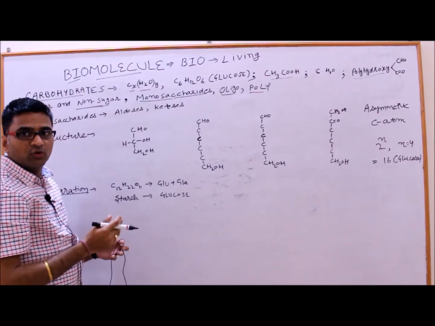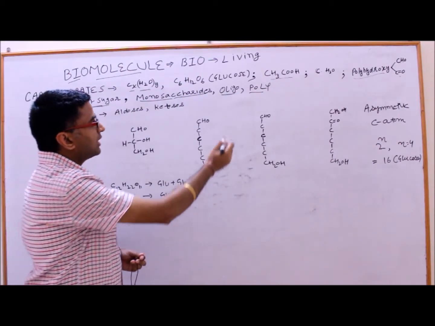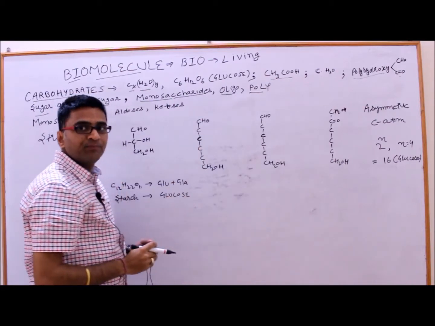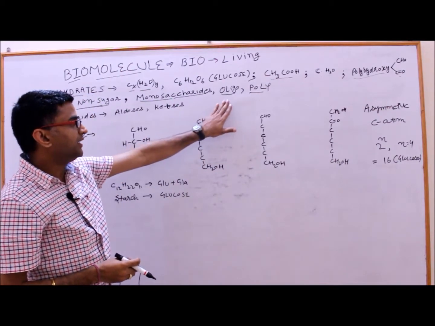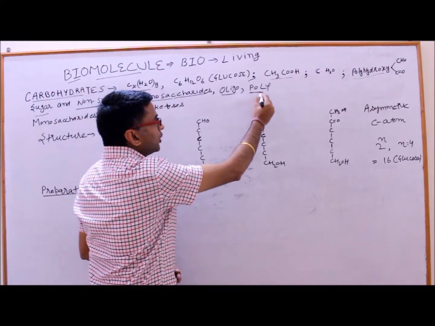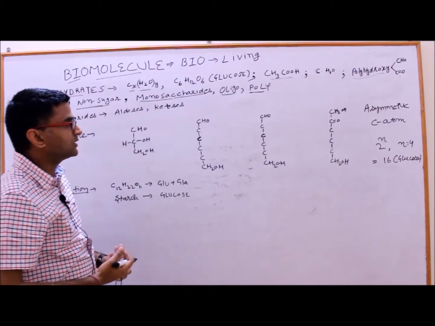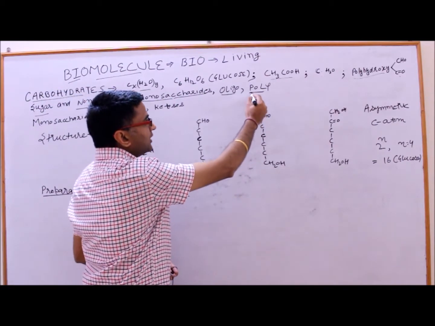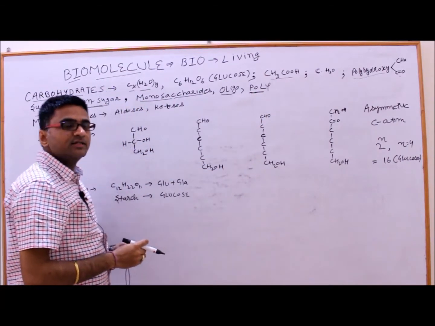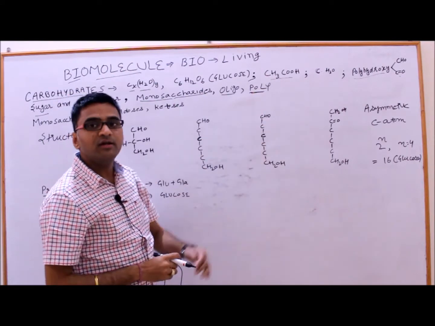Oligo means few. So when we have two or more than two units, those are called oligosaccharides, and further it may be di, tri, tetra, etc. In case of poly, which means many, when we have hundreds or thousands of saccharide units, we call it a polysaccharide. It's more like a polymer. Examples are again starch and cellulose.